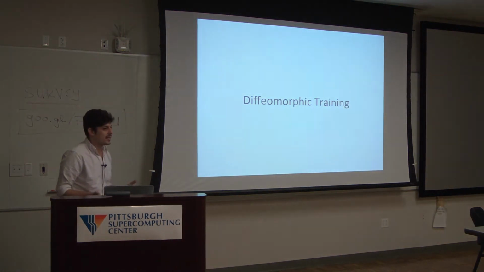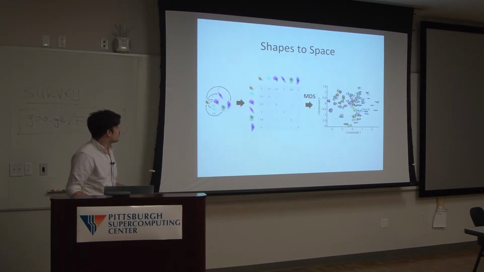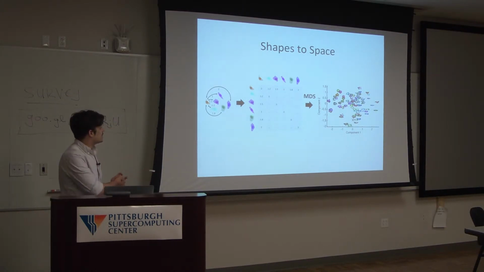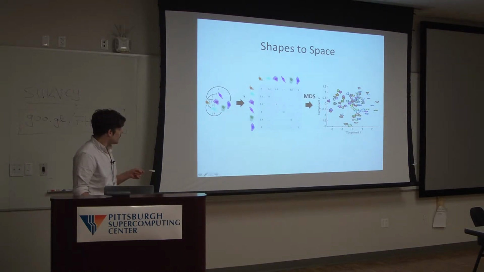So now I'm going to get into how this diffeomorphic model is constructed. To reiterate what Bob said earlier, we measure the distances from one cell to another and start populating a distance matrix.